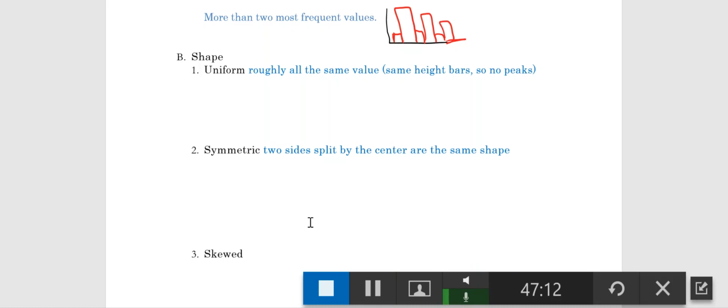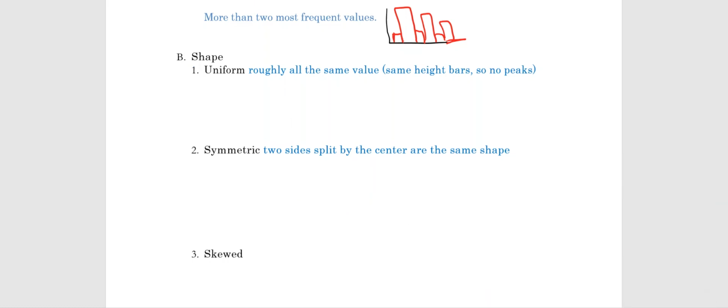And then the last one I'm going to do separately. I'm going to type it in here because that's who I am today, so I have to move my clock somewhere. So skewed is, one side has most of the values.